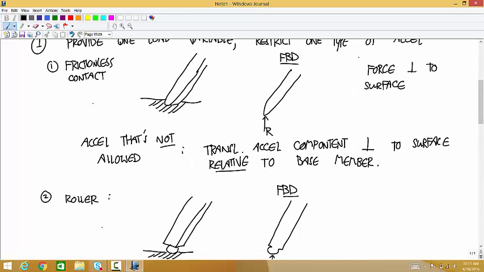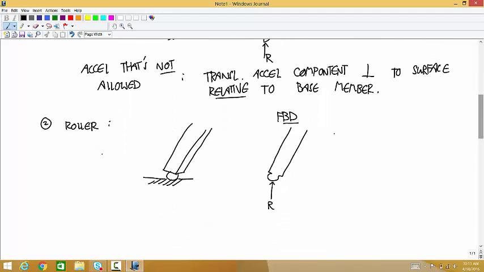So that joint applies a force component perpendicular to the surface again.